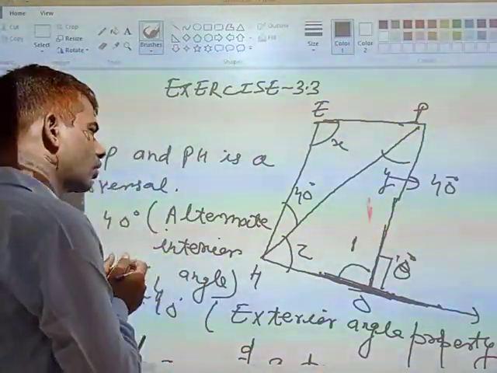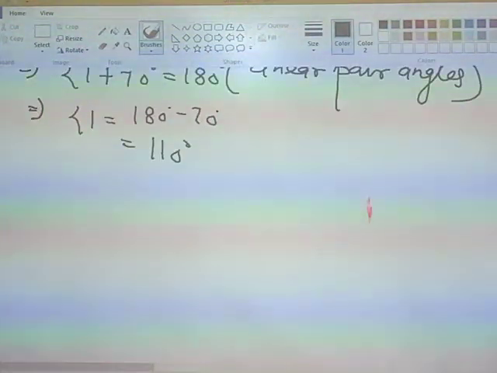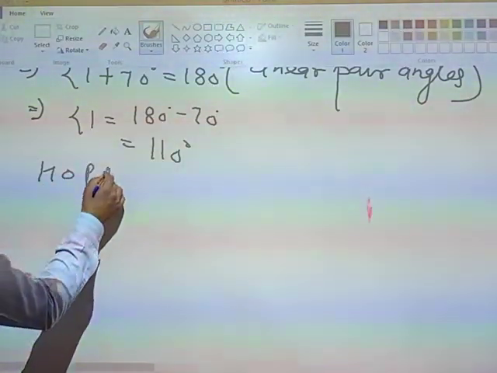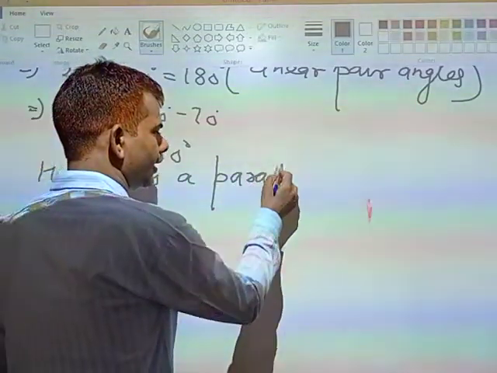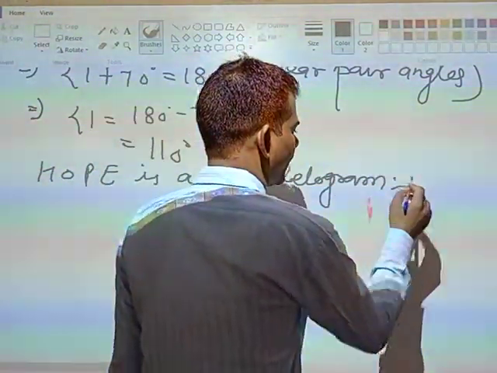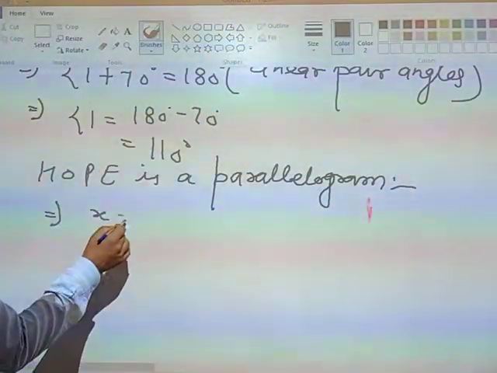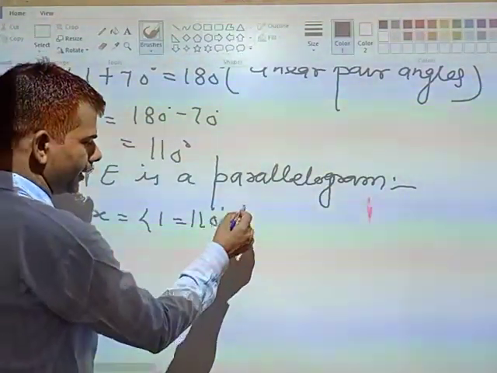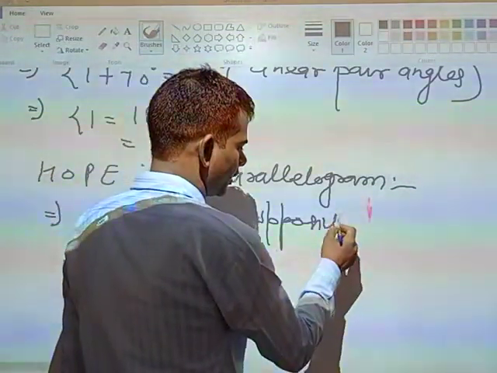Opposite angles of a parallelogram are equal. Students, note down, HOPE is a parallelogram, and angle x is equal to angle 1, and angle 1 is equal to 110.